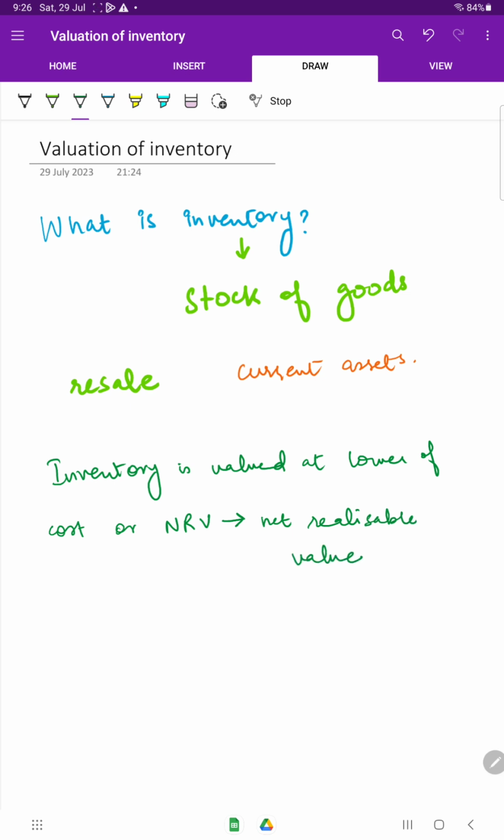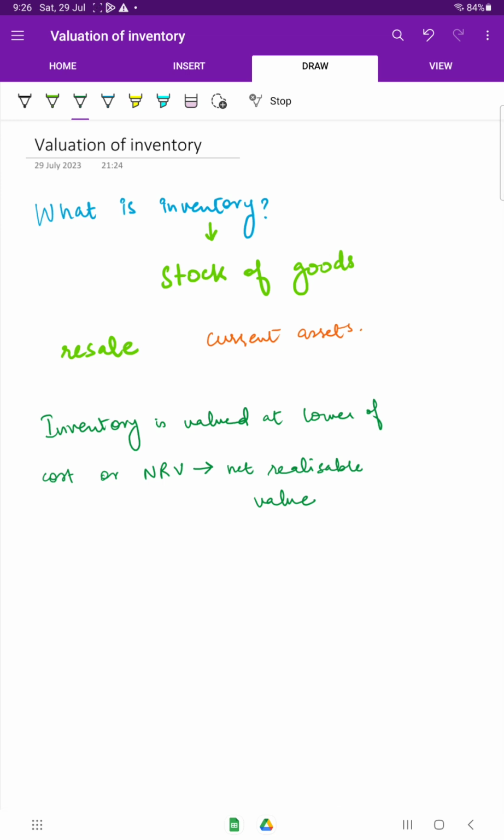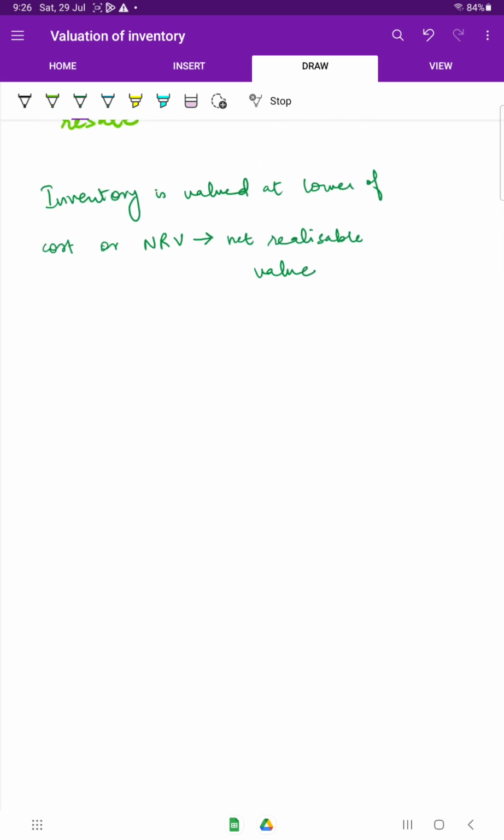So you go for the lower one, either your inventory cost or your net realizable value. In this lecture ahead, I will tell you how to calculate the cost of inventory and how to calculate the net realizable value, and then you compare both of them, and the lower of both of these two is that at which your inventory is valued. So let's begin with the cost.